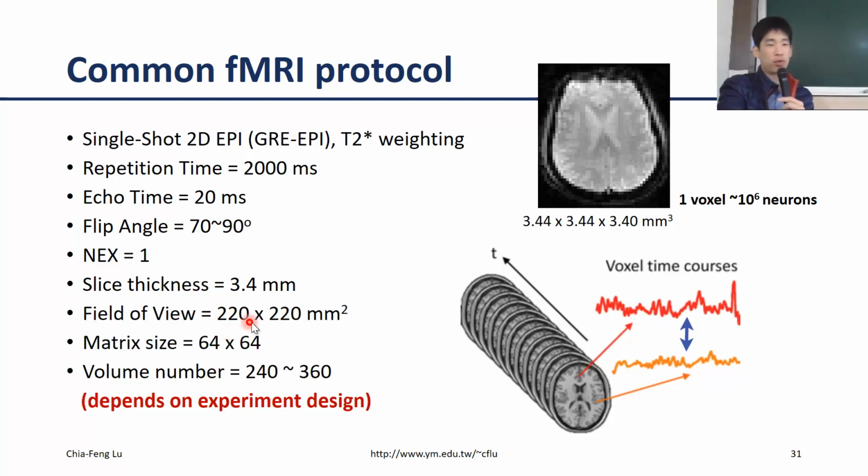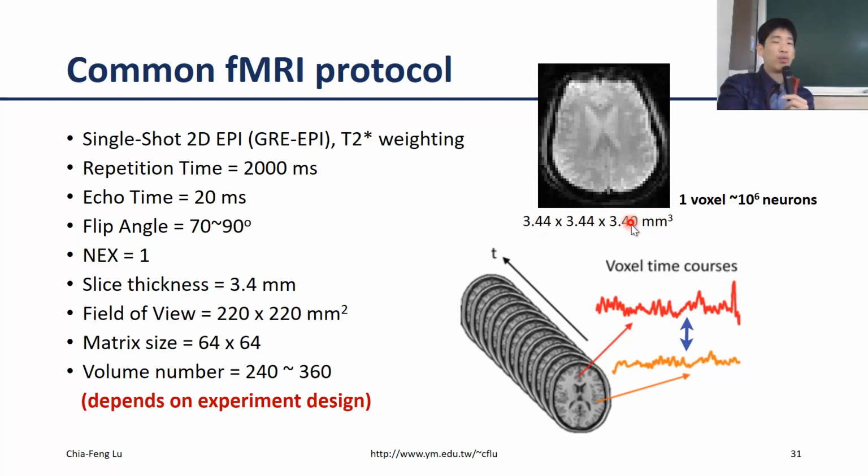Considering the field of view you are using, about 220 millimeters square, each voxel is 3.44 by 3.44 by 3.40 millimeter cube. Compared to anatomical MRI, it's actually a pretty huge one.